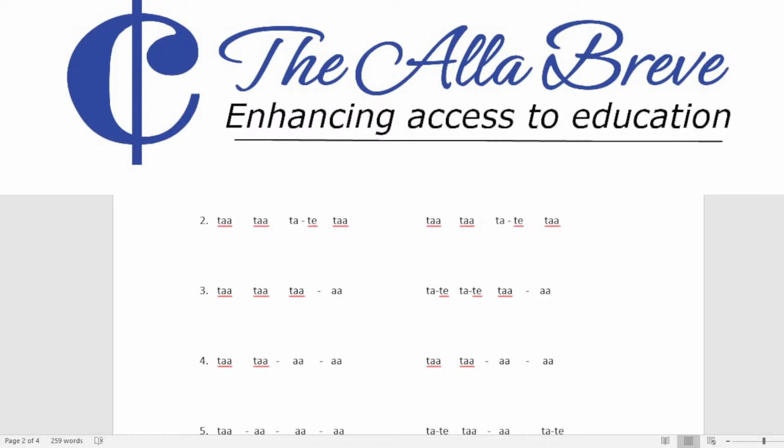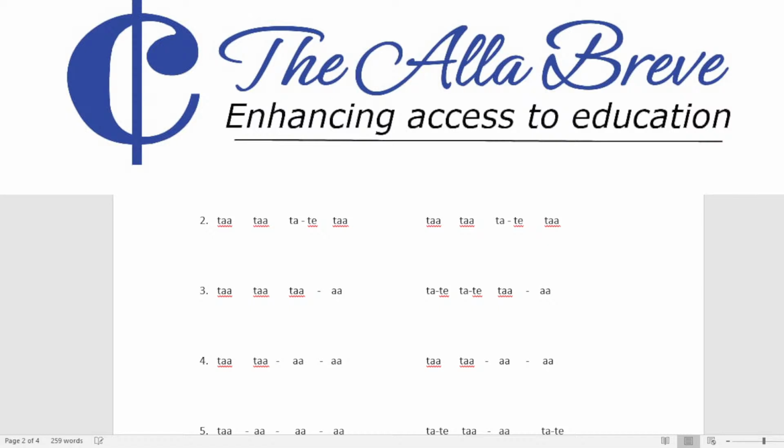Ta being a crochet. But here we have two quavers. Ta and te. So for the purposes of easy readability in writing music, these two are beamed.